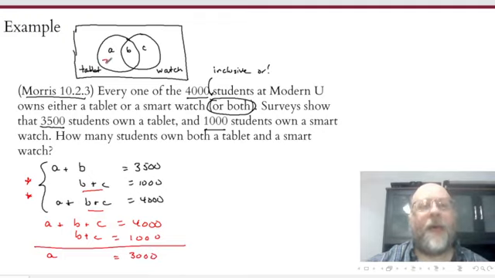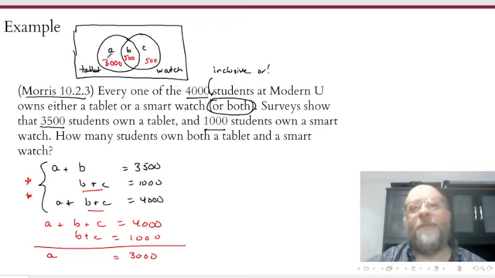And then after that, everything sort of falls into place. There are 3,500 students that own a tablet, and so there are 500 students in the middle piece. 1,000 students own a smartwatch, so there are another 500 students over in C, and therefore the number of students that own both a tablet and a smartwatch is B, which is 500 students.